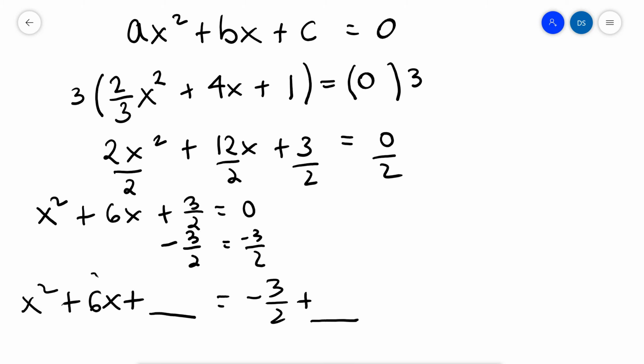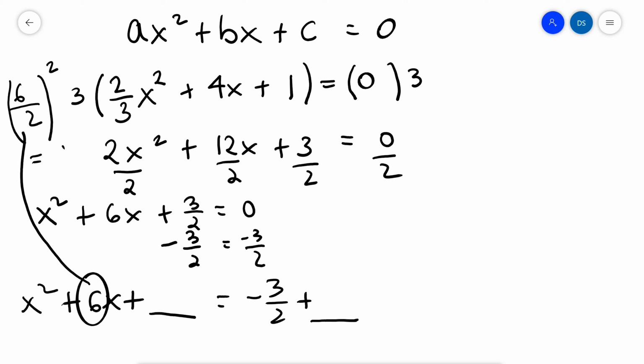Okay. So if you recall, then what you do is you're going to take the b coefficient, 6, divide by 2, and square it. 6 divided by 2 is 3, 3 squared is 9. So you're going to add 9 to both sides.